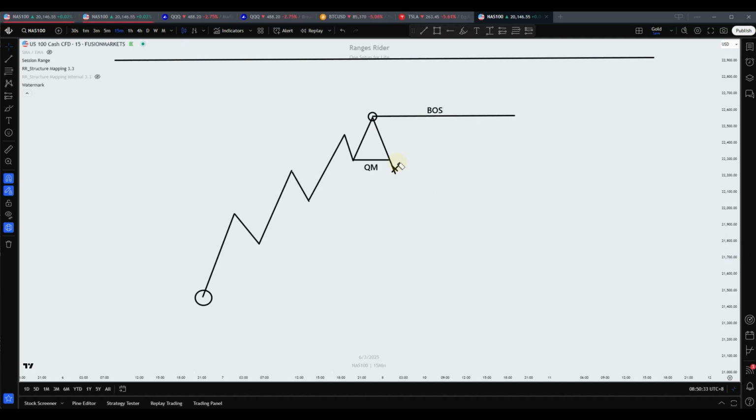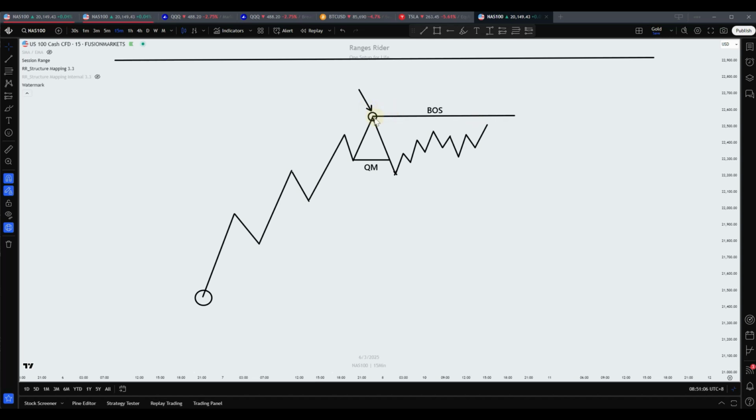So where is the market structure shift? This is the low of this leg, and the price goes higher and attempts to take this high. It could have multiple swings here, or it could be just a single leg, but you just need to focus on this high. This high should not be taken out.